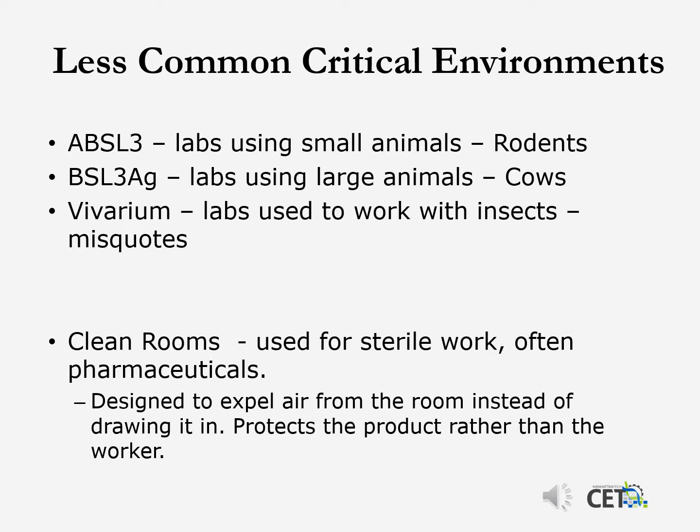With a capital A before the BSL-3, those are small animals: rodents, rats, mice. If the abbreviation AG is after BSL-3, that indicates large animals are being worked on in those labs. So many different mechanical features and specifications need to be brought into those labs.